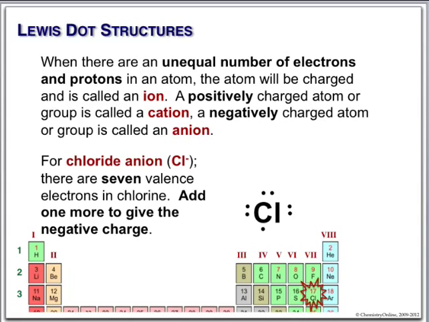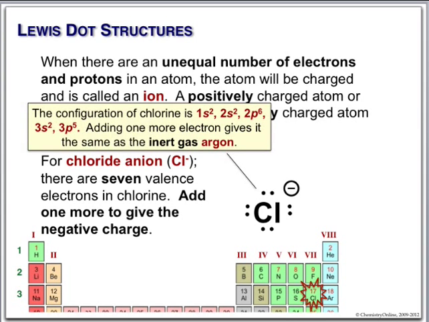Now, if we add 1 electron to it, it has an extra electron, therefore it has a negative charge. Not only that, but this is full now, isn't it? As far as electrons go, it looks just like the inert gas argon sitting next to it.